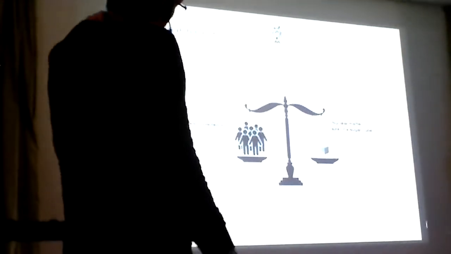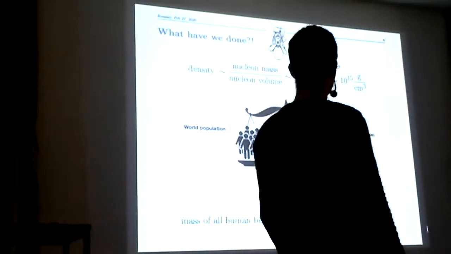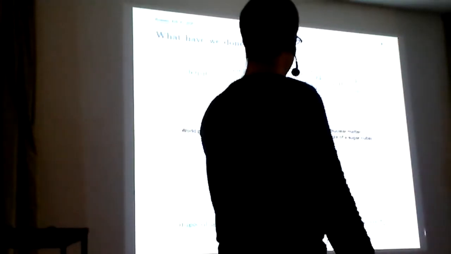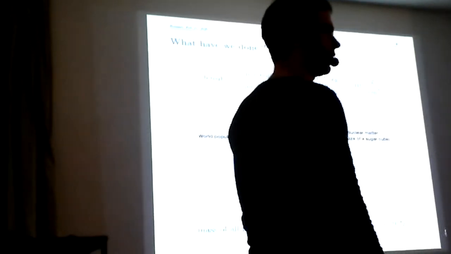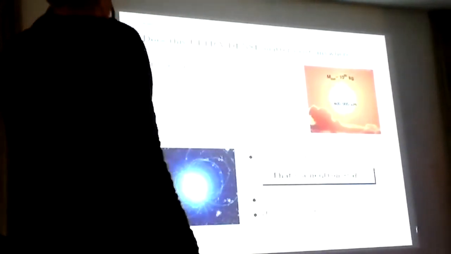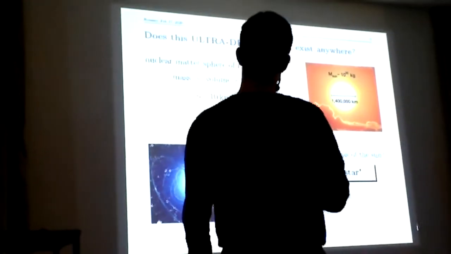Okay? We could do this in our head, but was that completely crazy? Is that just some game we are playing here? So of course the next question is, where does that matter exist anywhere? Okay? Or is it just a game we are playing here? So let me answer this question by doing another little estimate here.